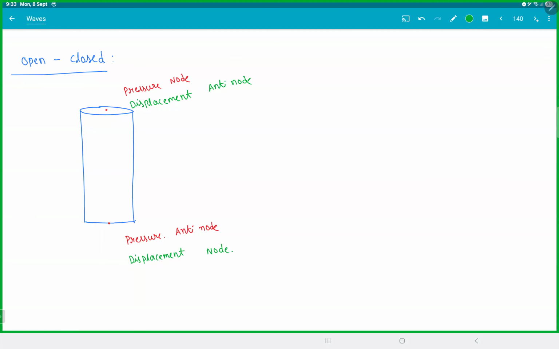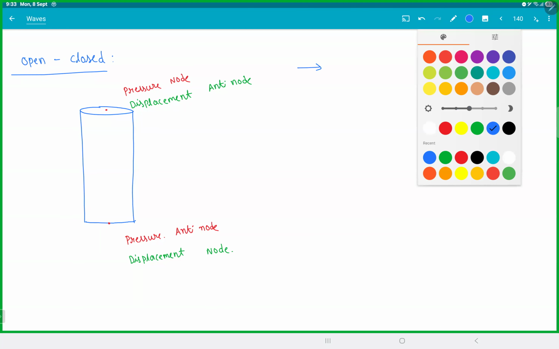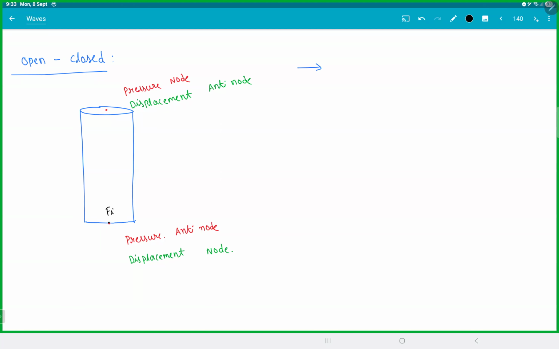And why is that? It kind of makes sense. If you see at the fixed end, the particles are fixed. It cannot move. Therefore, it's a displacement node.